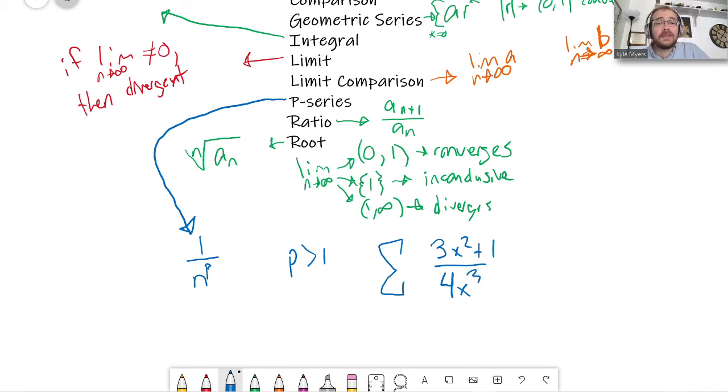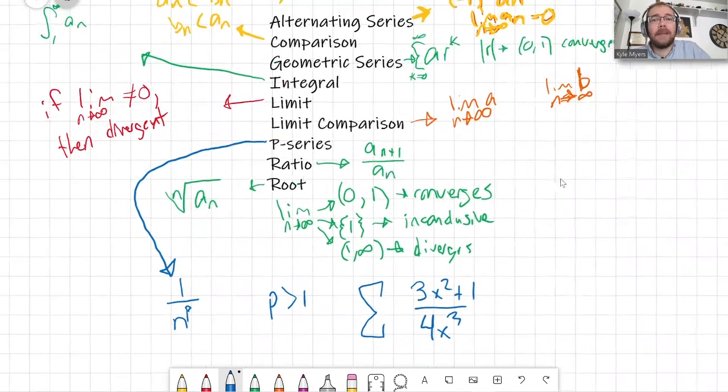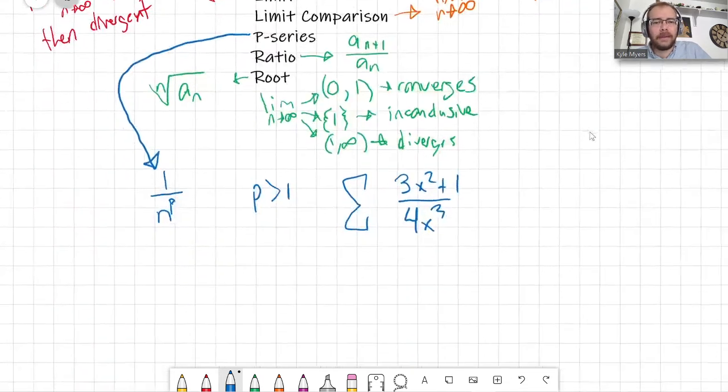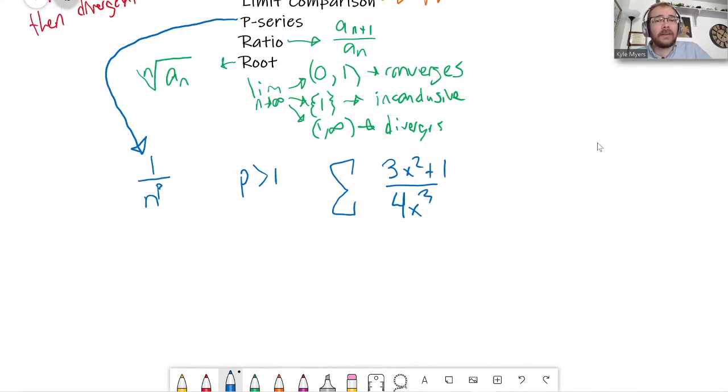Okay, here's what you do. You just focus on the big dogs. This is kind of what the comparison tests do. So the comparison tests are useful because they tell you, hey, just focus on the big stuff. Just look at the biggest stuff, and then we're going to compare them either using a limit or just straight up putting them side by side and seeing what happens, okay?